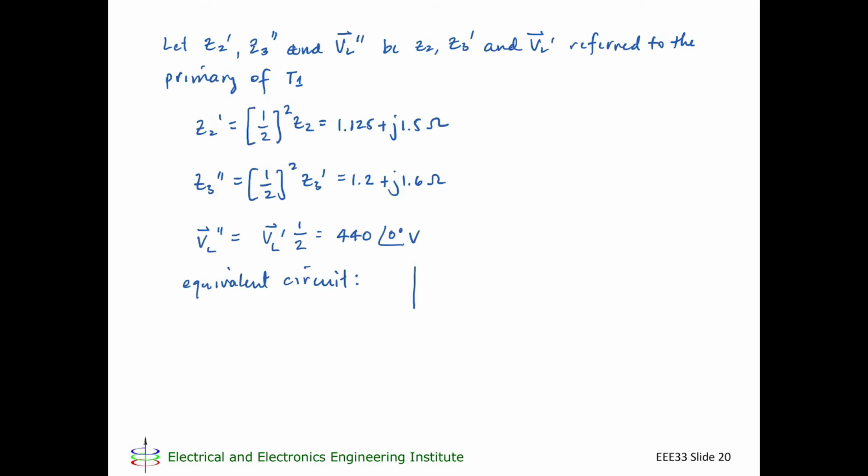I will now have my source voltage V sub S. Z1 is as is. That has always been connected to the source. Okay. And then I will have Z2 prime.